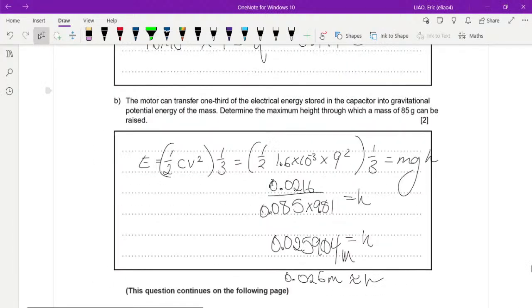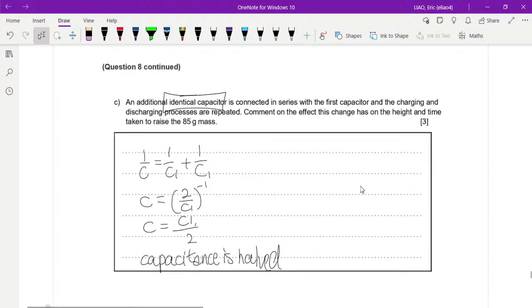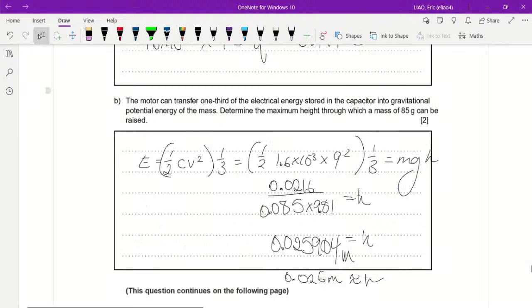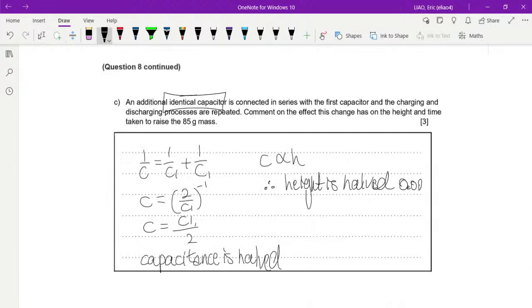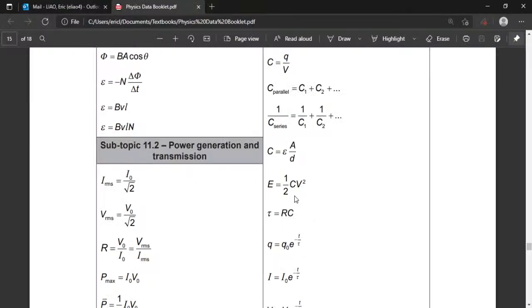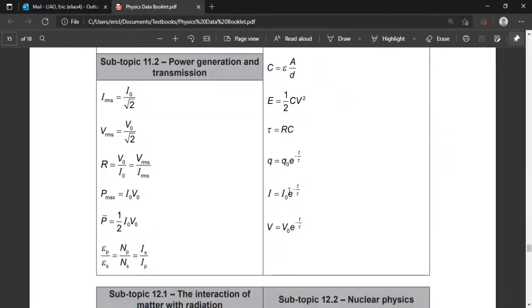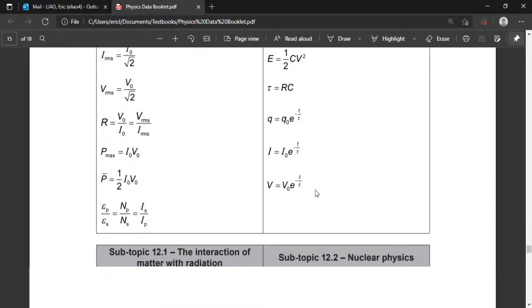C is proportional to H. Yep. Therefore, height is half. What's the height? 0.026 becomes 0.013, and C is proportional to the time too. How is that proportional?